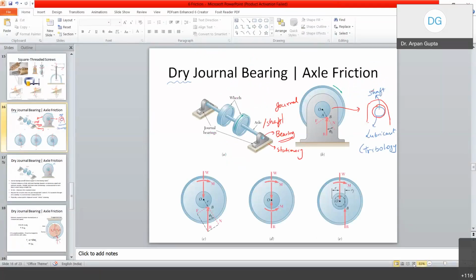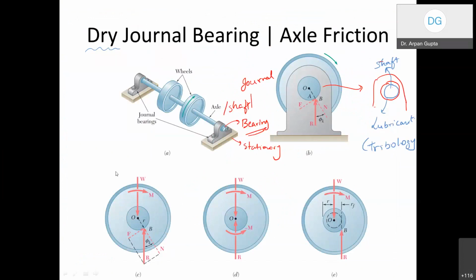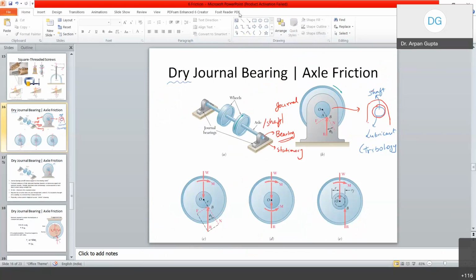So I'll show better diagrams for you to understand. If you can see this figure in the PowerPoint presentation, when the shaft starts rotating, the net reaction will be vertical. I think I made a mistake there.